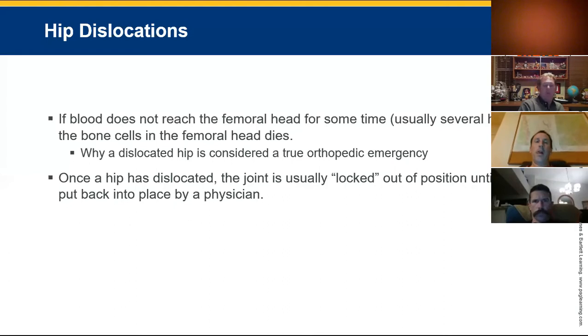So yeah, someone that's got a hip dislocated, an elbow dislocation. If it's somebody who's dislocated their shoulder for the first time, it's probably not as severe as the hip.